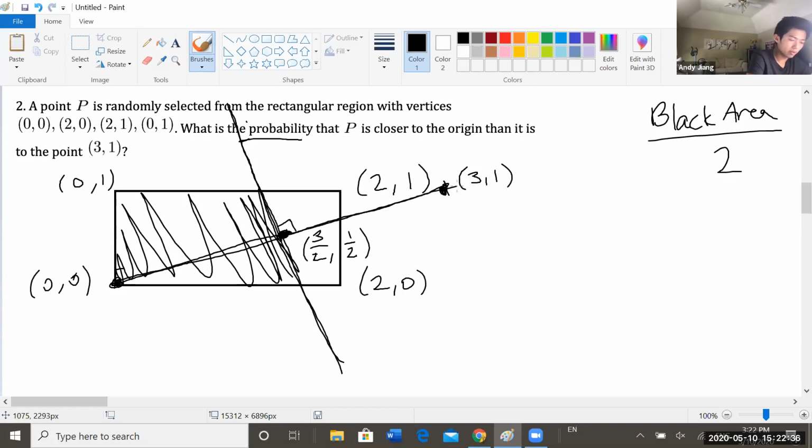The slope of a line is the change in y over the change in x. So in this case, it's 1/3. And then since this line is perpendicular to it, the slope of that is negative 1 over 1/3, which is negative 3.